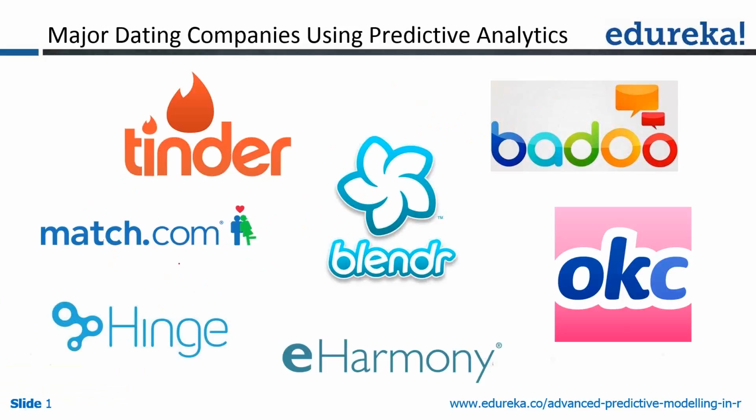So we have Tinder, an application launched in 2012, and by 2014 there were 1 billion swipes per day, and it has been launched in 30 different languages. That's tremendous. Then you have Badoo. They launched in 2006 in London, and now it's used in 180 countries.